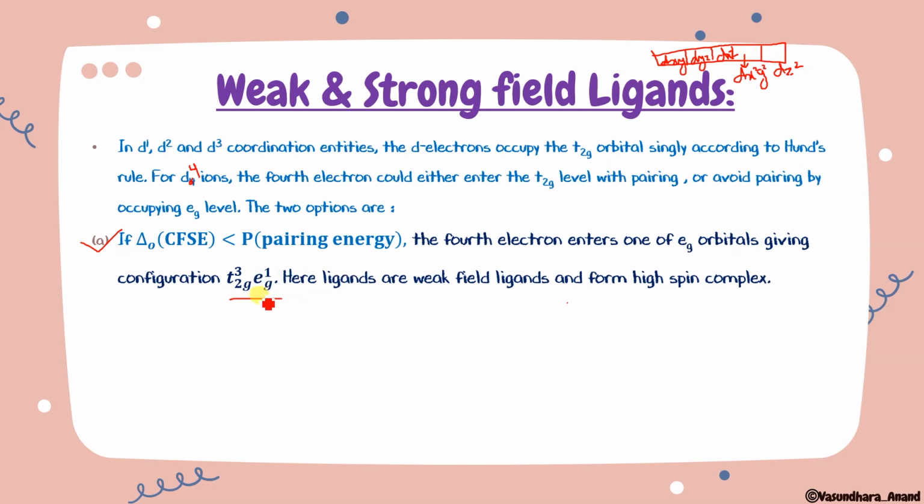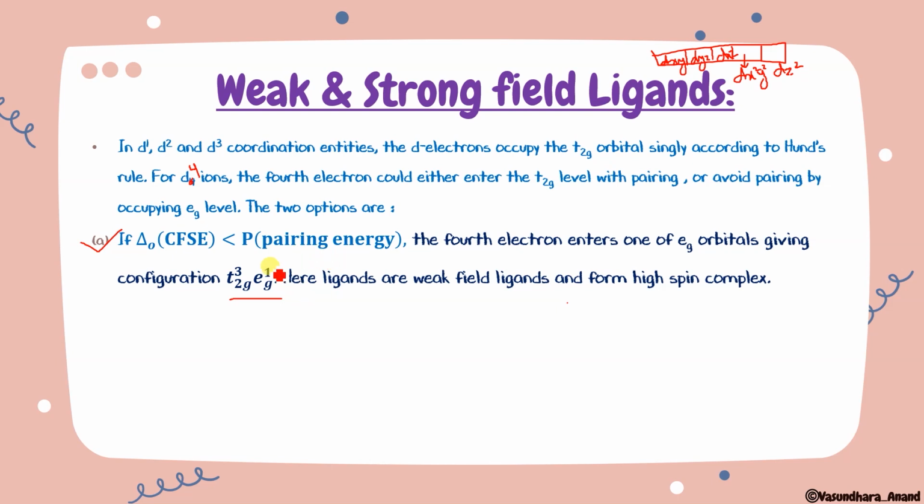Okay, got it? For the d4 configuration, if the CFSE is less than pairing, pairing is more, then pairing will not occur in that case. Because pairing energy is high, we are not getting that energy, and that's why pairing will not occur.